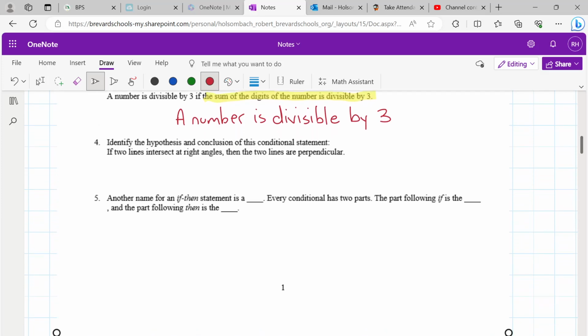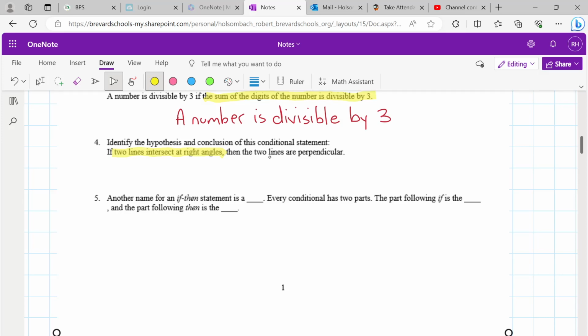All right, problem number 4, you're asked to identify the hypothesis and the conclusion of the conditional statement. The hypothesis follows the if. If two lines intersect at right angles, here's your hypothesis. Two lines intersect at right angles. Conclusion is what follows the then.